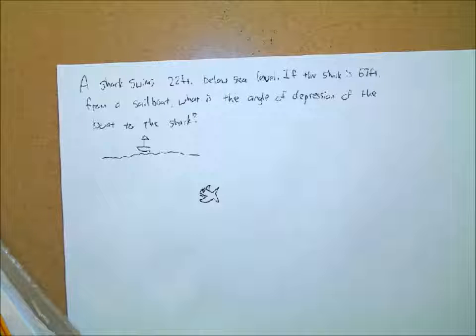So from the horizontal here, down, that is the angle. Correct. Or you could use this triangle, because this angle of depression from the boat to the shark is the same as the shark's angle of elevation from the horizontal up to the boat. So you can also say that too, which would still be solved the same way. But of course you want to use a different ratio because of where you're located, like pieces of information.